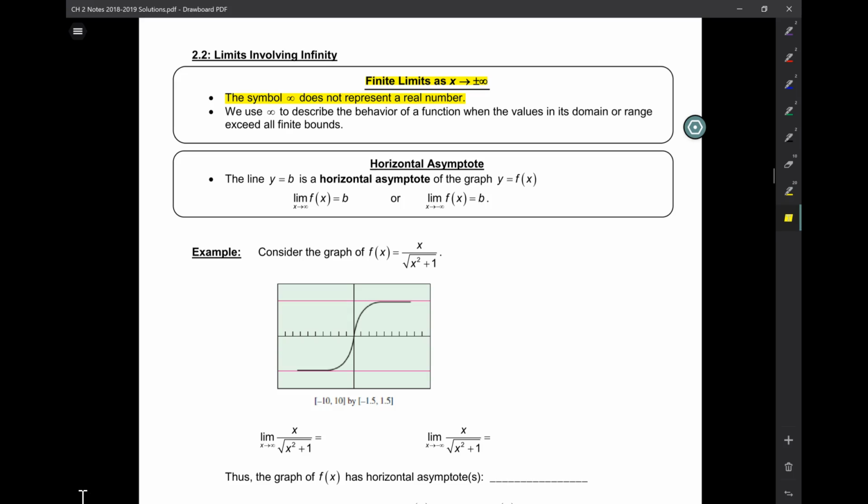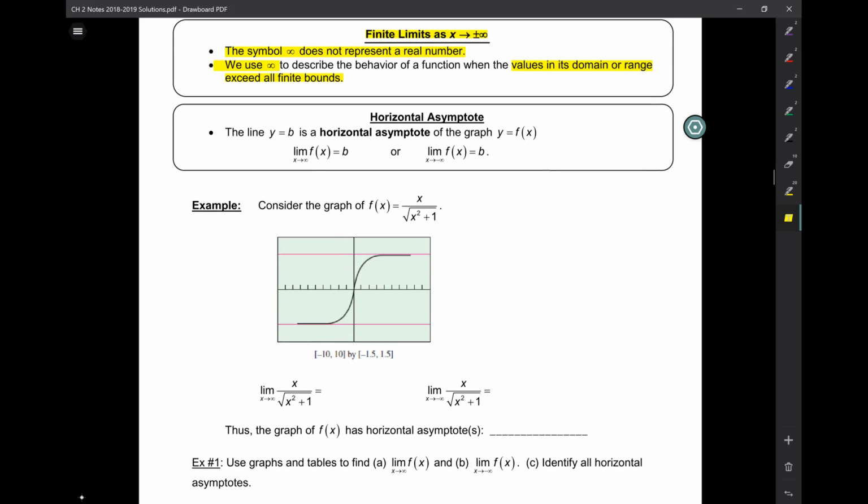Whatever number, whatever location you can wrap your head around and you can define as that point, that's a finite number. Okay? We use infinity to describe the behavior of a function when the values in its domain or range exceed all finite bounds. So when you're so far out that you can no longer define it, that's infinity.